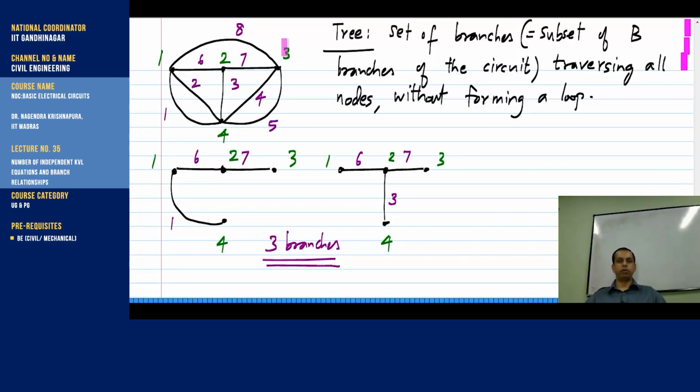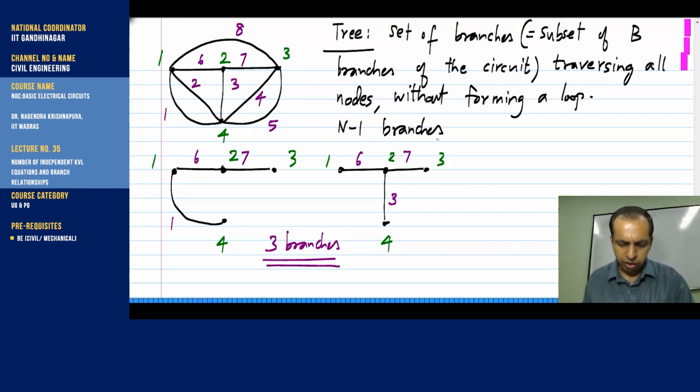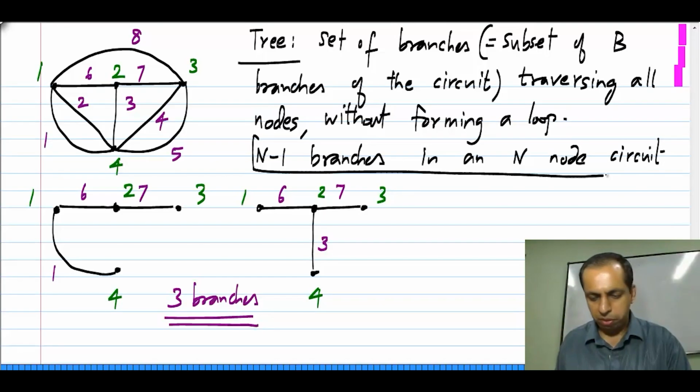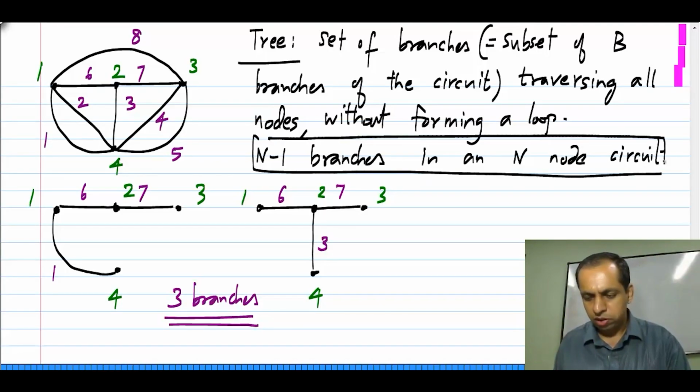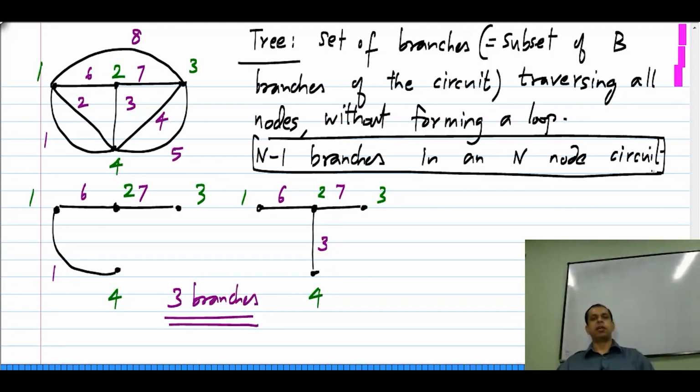So, if you have n nodes, the tree for the circuit will contain n minus 1 branches. So, remember we are starting off with a circuit with B branches, and out of that we will take n minus 1 branches to form the tree.